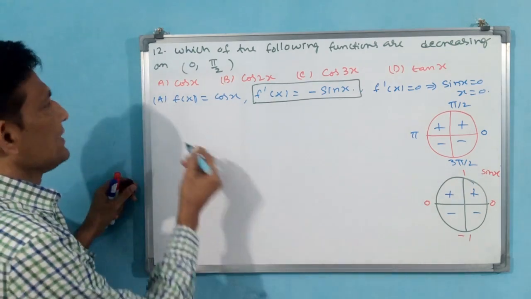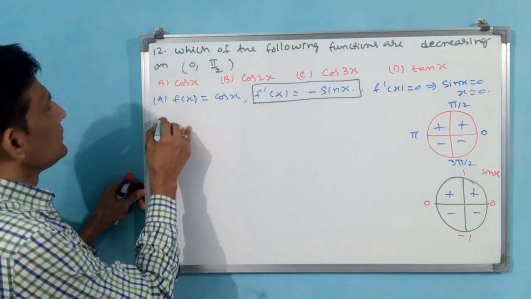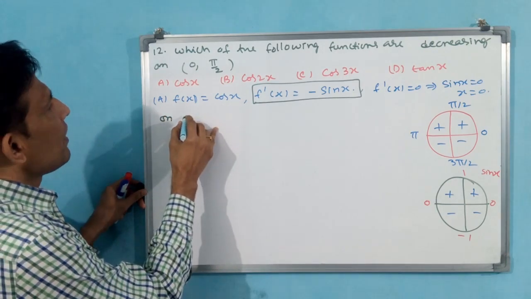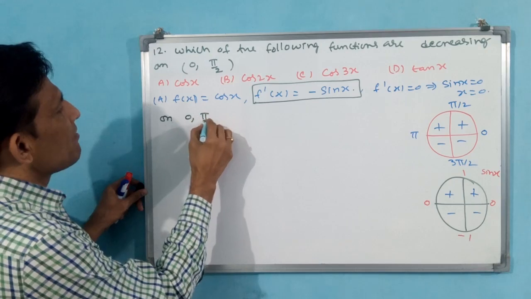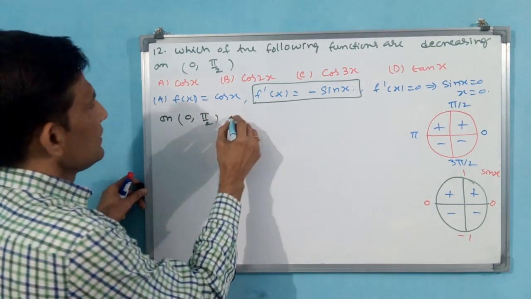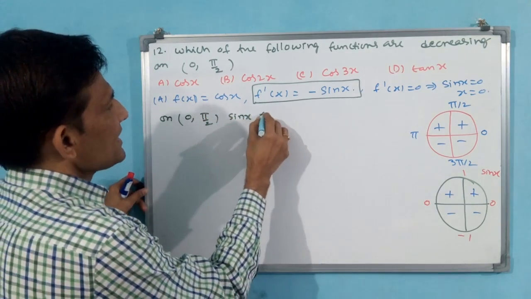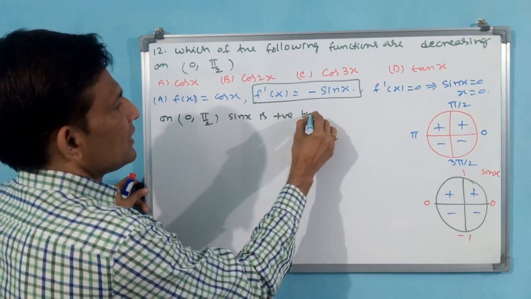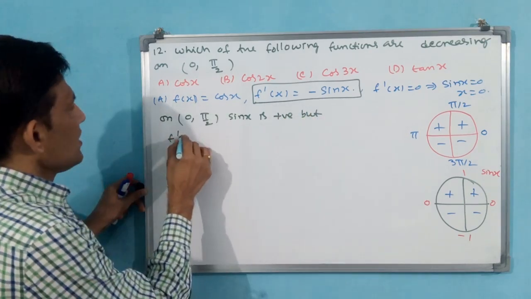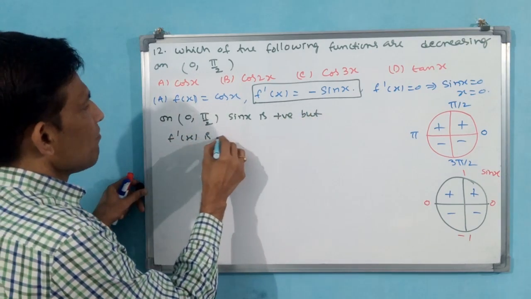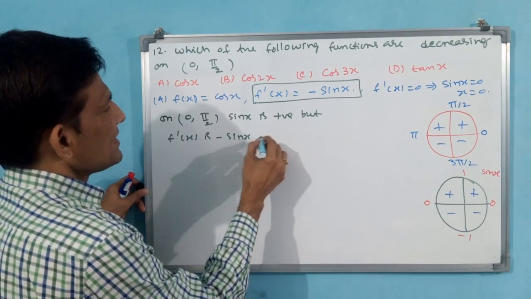Okay, you write down like this. On 0 to pi by 2, sin x is positive, but f dash x is minus sin x.